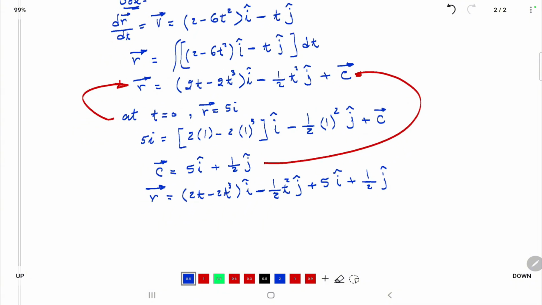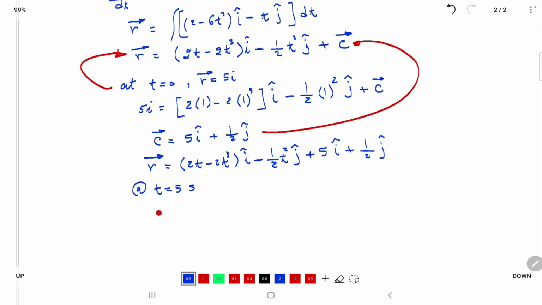Okay, now at t equals 5 seconds, I'll plug in 5 in this equation. Instead of every t here, I'll substitute 5 and simplify.